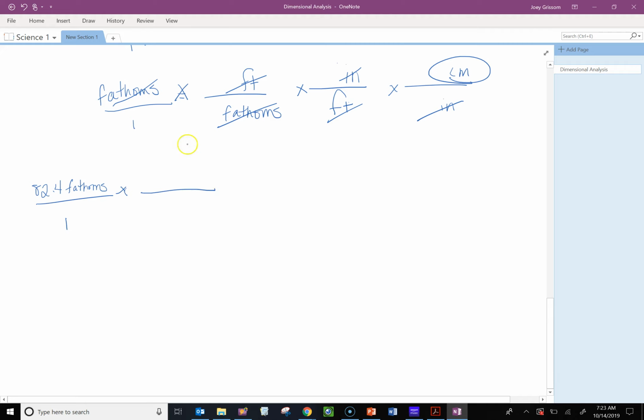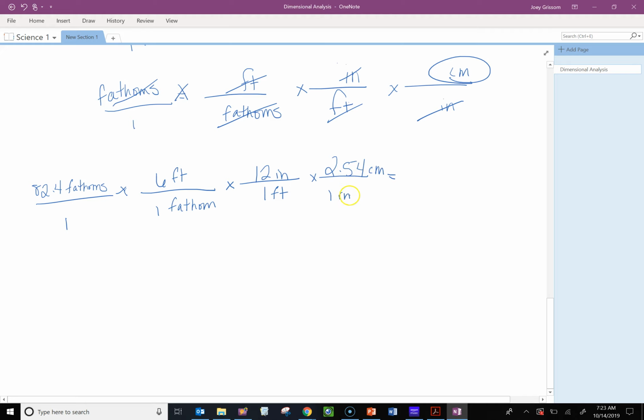Okay, so then let's do my conversion. I know that there are 6 feet in every 1 fathom. I know that for every 1 foot, there are 12 inches. And I know for every 1 inch, there are 2.54 centimeters.